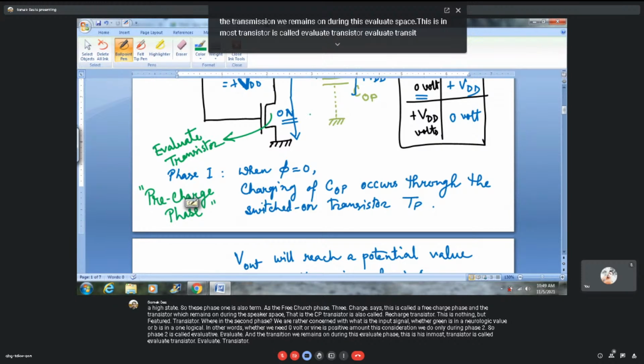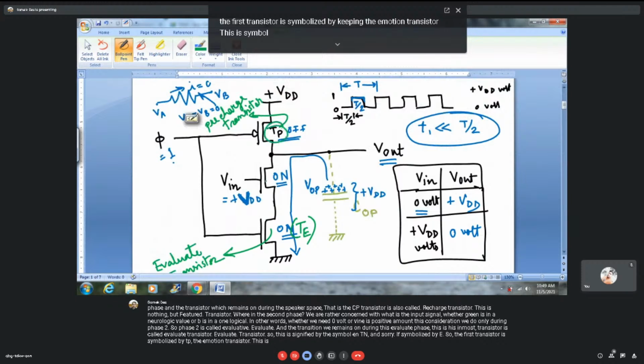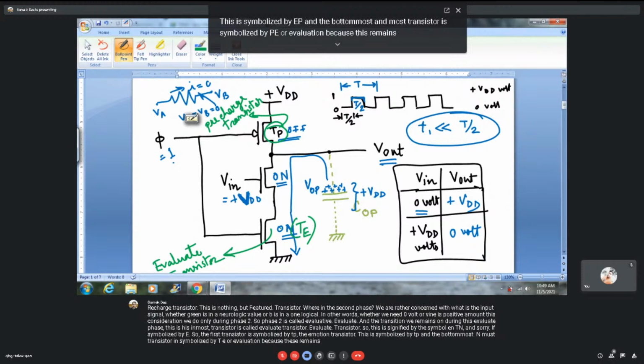It is symbolized by TE. So the first transistor is symbolized by TP, the PMOS transistor, and the bottommost NMOS transistor is symbolized by TE or evaluate transistor, because this remains on during the evaluate phase of the clock signal or evaluate phase of the circuit.